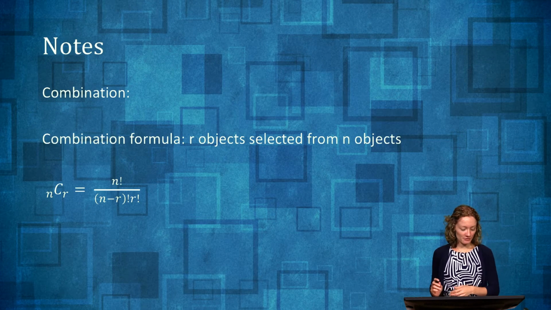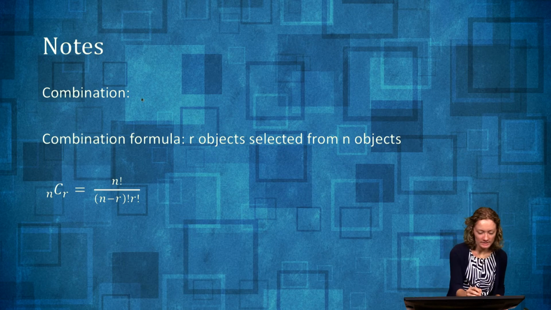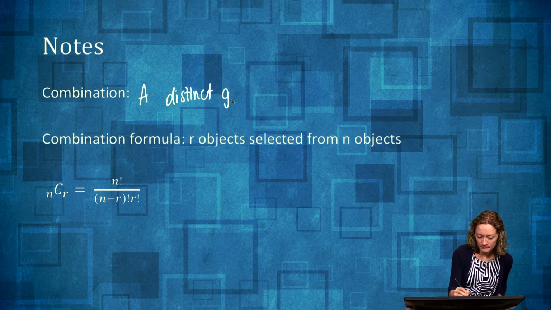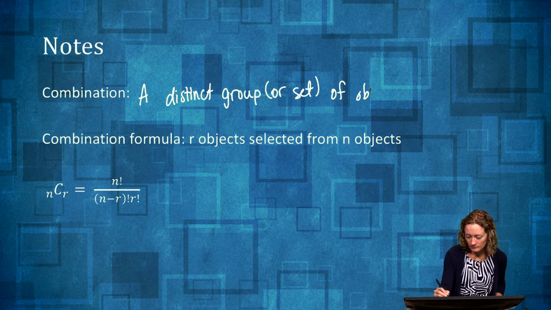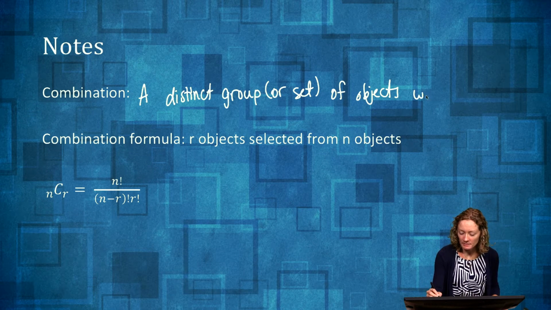All right, so the definition for a combination: a distinct group or set of objects without regard to their arrangement.